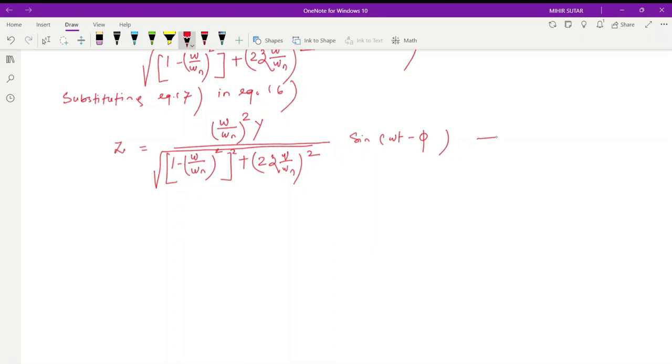Instead of capital Z, we substituted this value. Let this be equation 8.